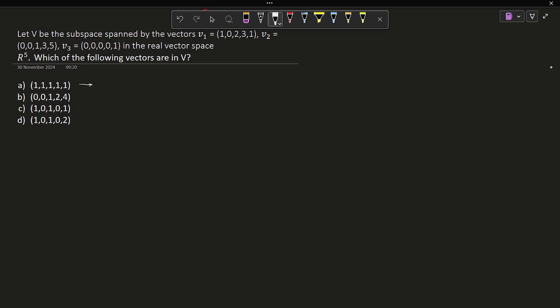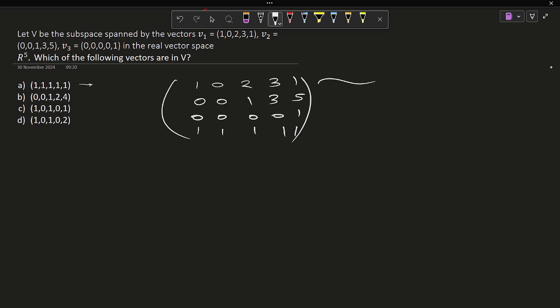So let us make that matrix. I am checking whether option A is feasible or not. We just have to do the elementary row operations here.